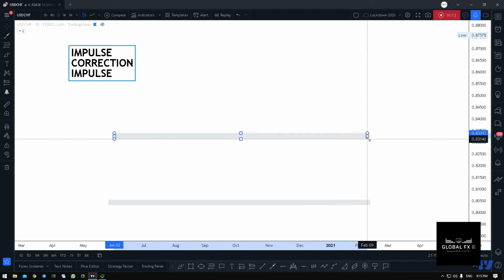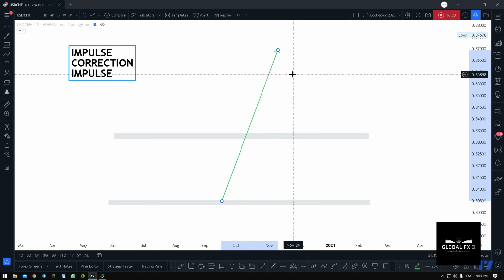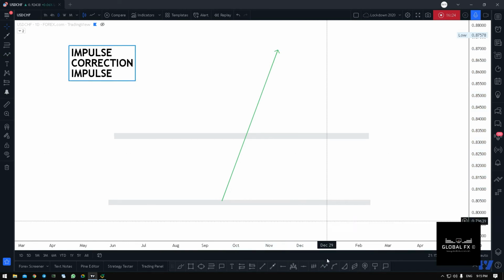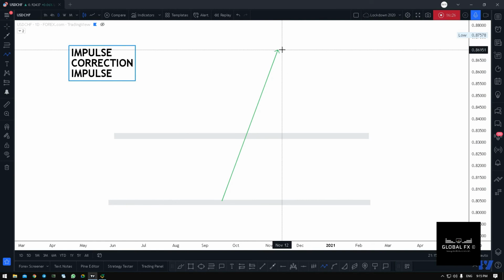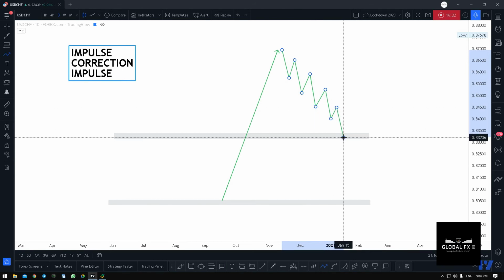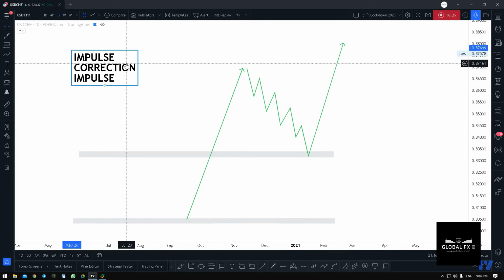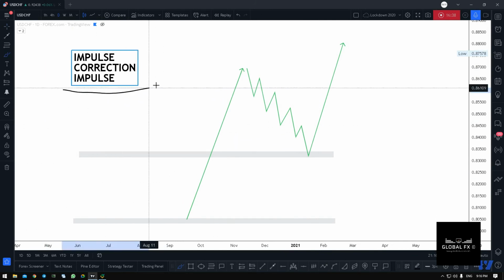If the market creates an impulse to the upside, at some point the market needs to make a correction. It needs to make a correction before it can actually start its new move to the upside, which is called an impulse, correction, impulse move.